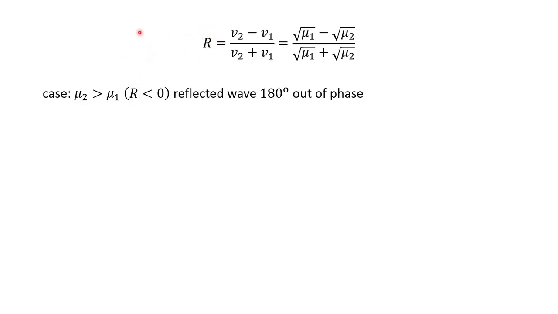It is AR divided by AI. If that's negative, it means that AR and AI have different signs. It means that those two waves are 180 degrees out of phase. But because the one wave is traveling in one direction and the other in the other direction, it might be a little bit tricky to interpret that correctly.